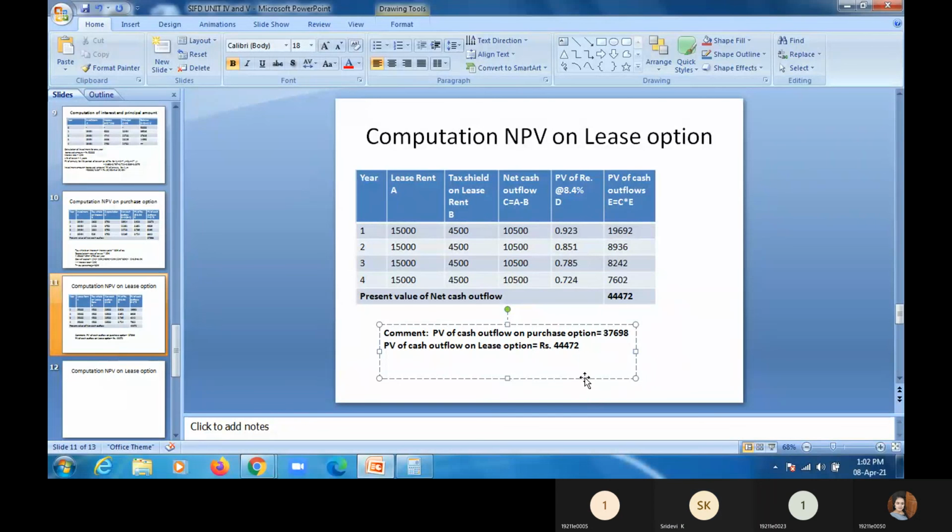So in this case also, the cost of this option is more than the purchase option, hence this option is not suggested.